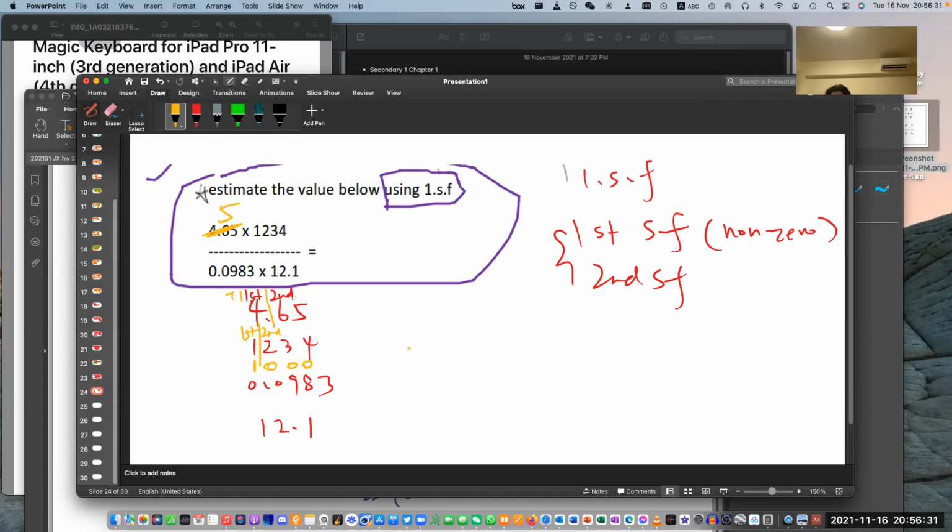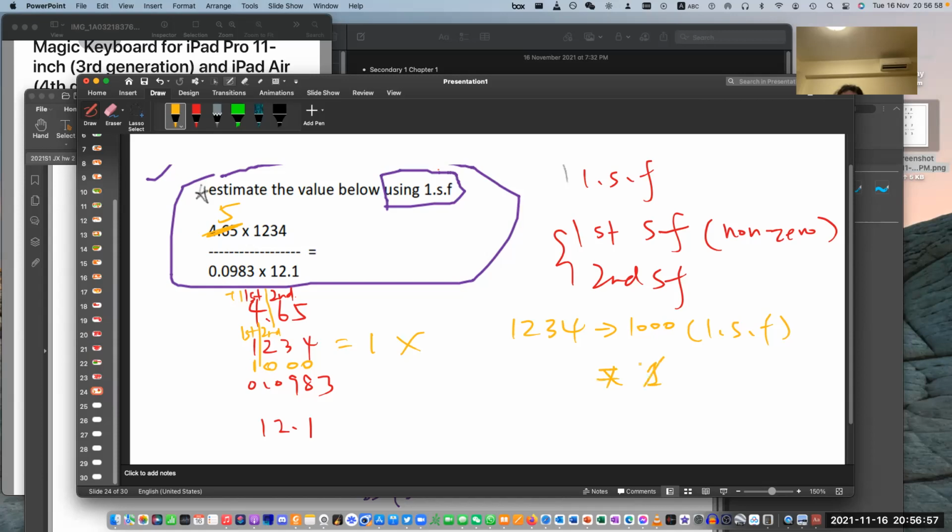A lot of students round 1,234 to 1, which is wrong. Do you know why it's wrong? If you round to one significant figure, it should be 1,000. Do you know why? Because 1 is the first.